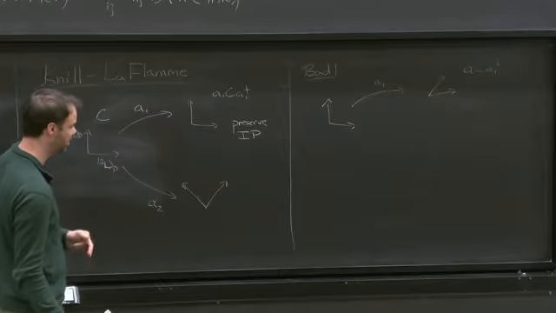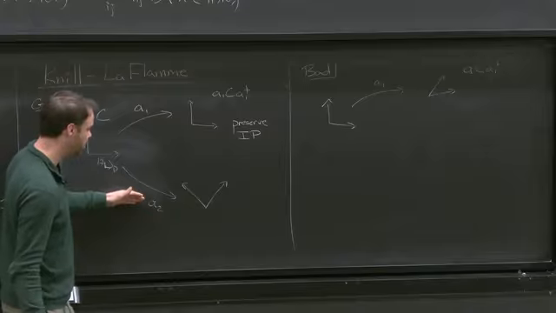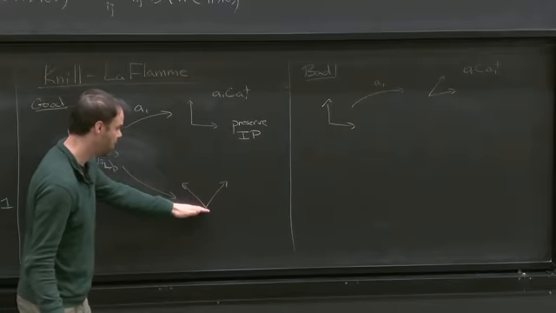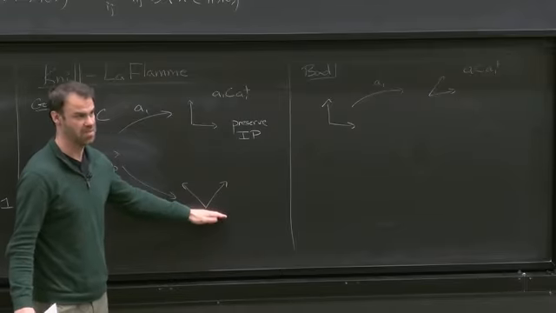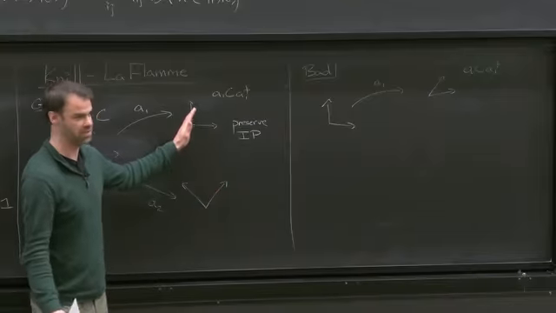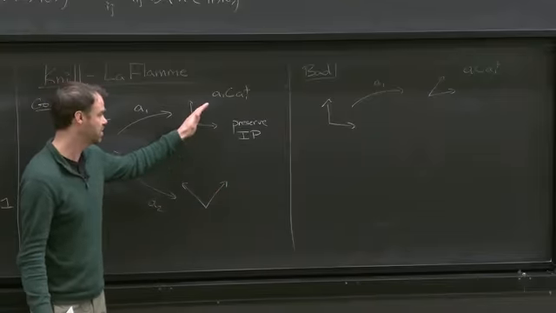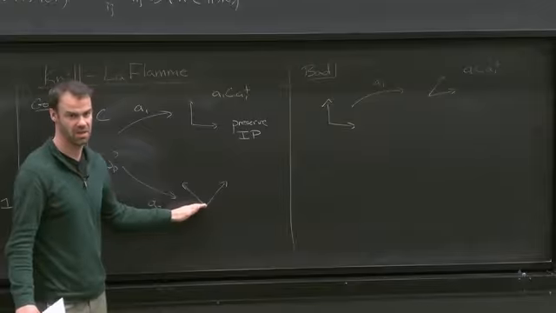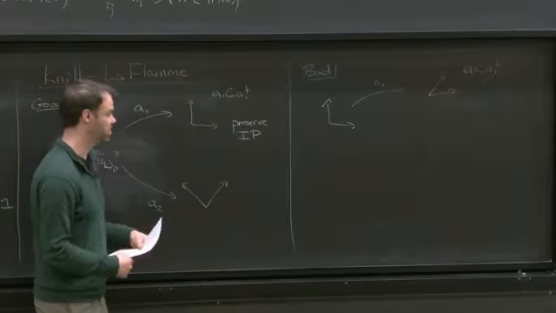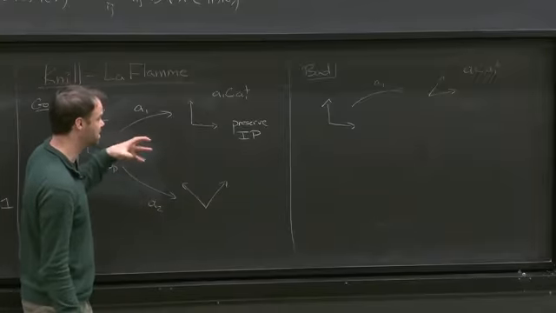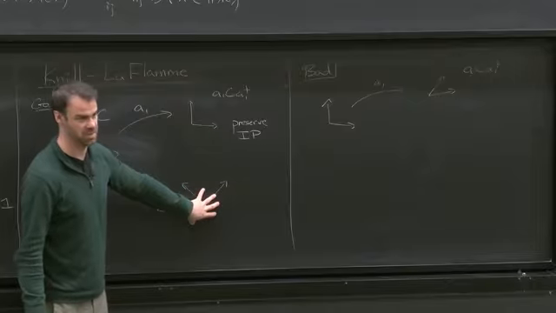If I do A2 and this takes me to another subspace of the physical space that is totally orthogonal to this one, so there's no overlap between the vectors in here and the vectors in here, that's good, because then I can do some projective measurement that asks whether I am in this subspace or that subspace.